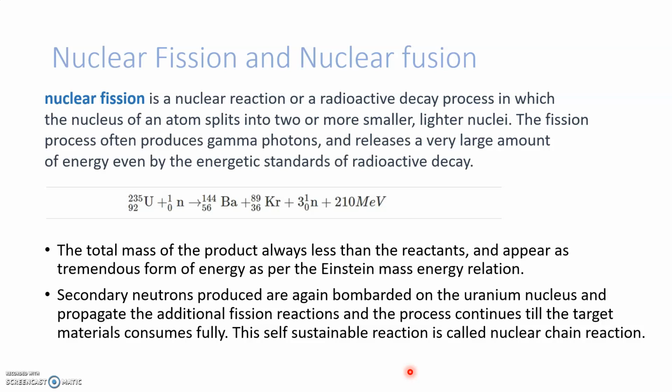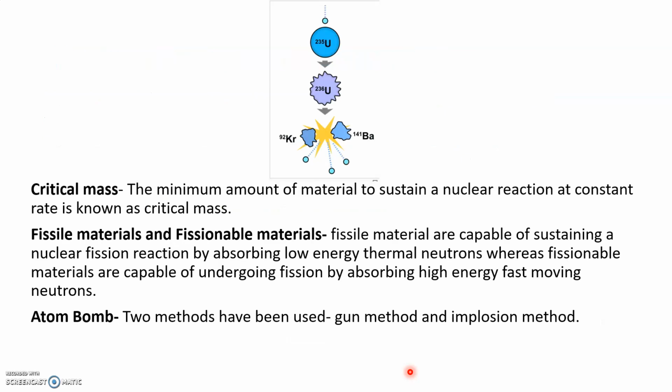So, the minimum amount of material required to undergo a nuclear chain reaction is called the critical mass of the system, the critical mass of the starting material. If the uranium-235 is below this critical mass, it cannot undergo a nuclear chain reaction. So, the minimum amount of material to sustain a nuclear chain reaction at a constant rate is called the critical mass.